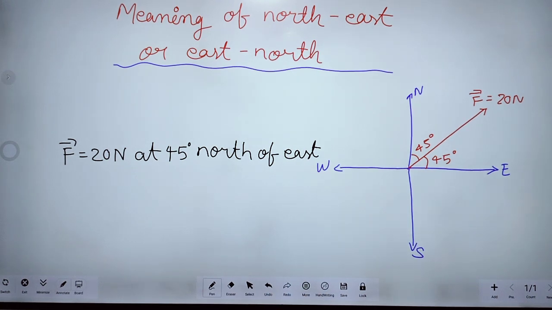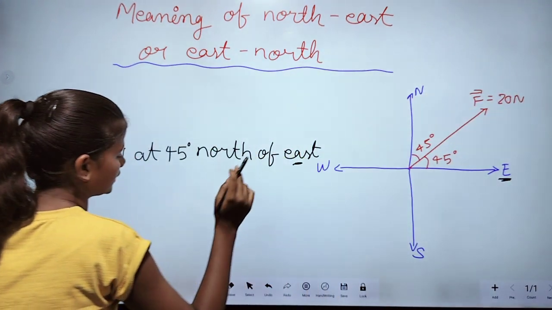The one with which the angle is formed is written last. So 45 degree formed with east, that's why it is written in the last.